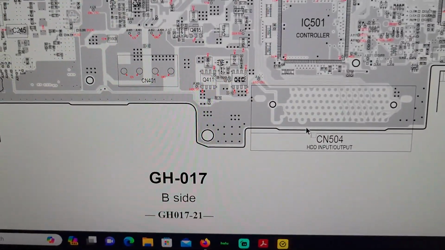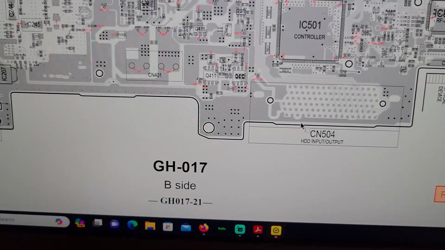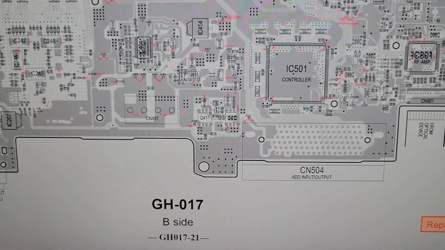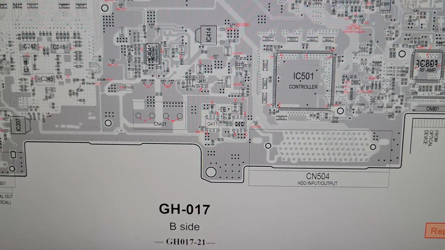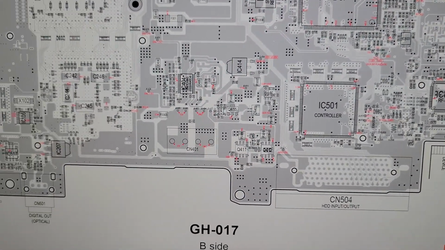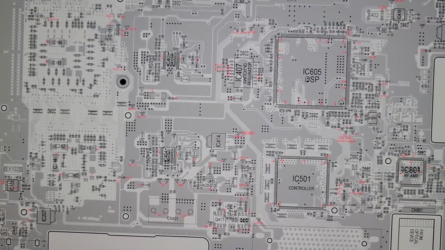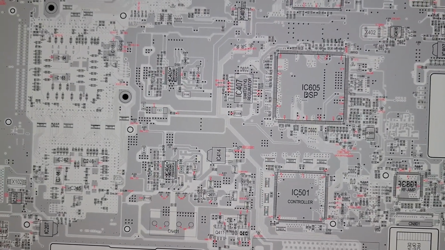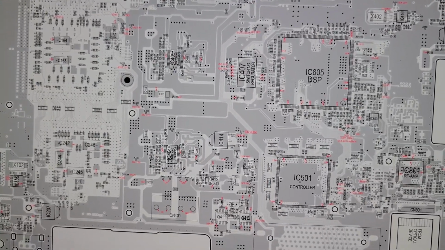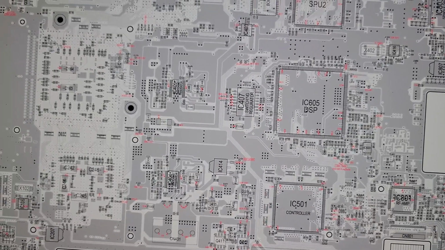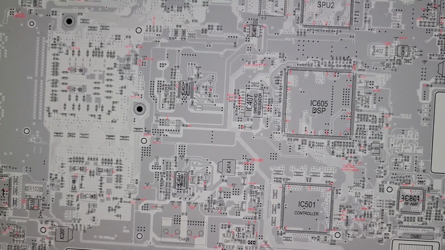That's why it says hard drive input output. Which also has network resistors. You basically can take these chips, if they're good, and put them on a different board. But do you want to sit there and solder 160 pins? I wouldn't.